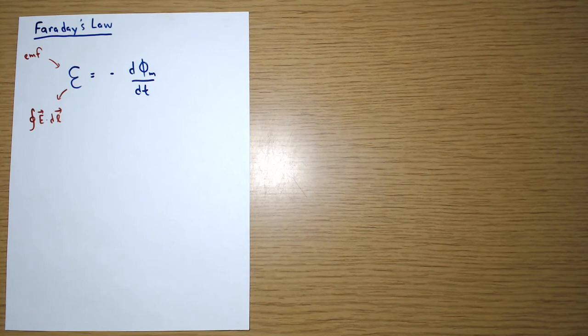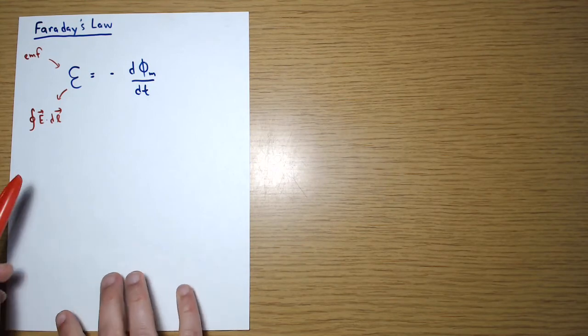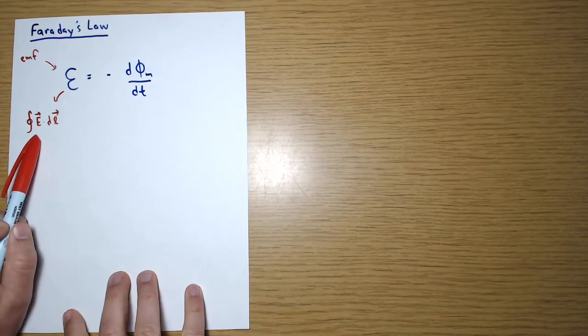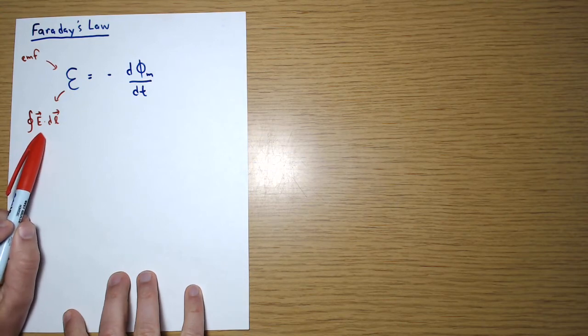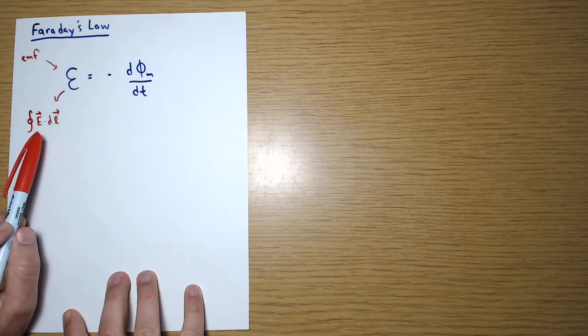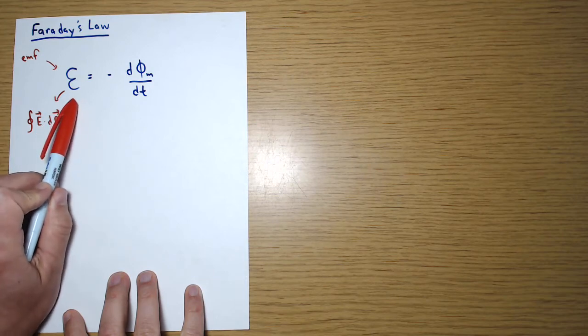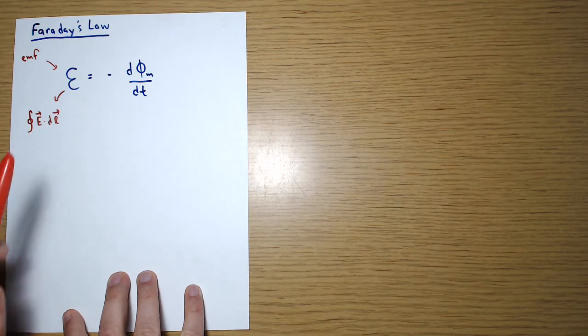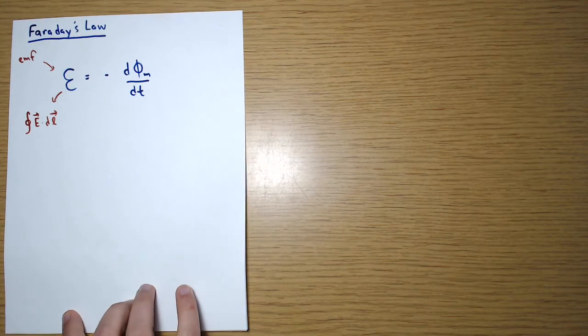So what creates this EMF? Well, again, what does the EMF do? It makes charges move. If I have a conductor where this EMF is present, it would create a current. So Faraday's law says you're going to have an induced EMF, which thereby produces an induced current.